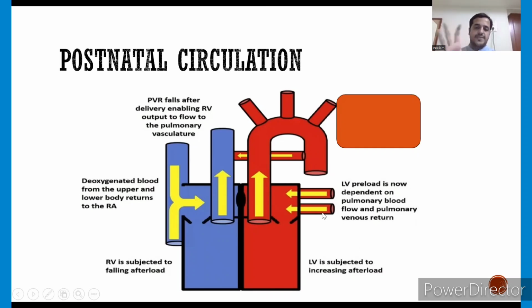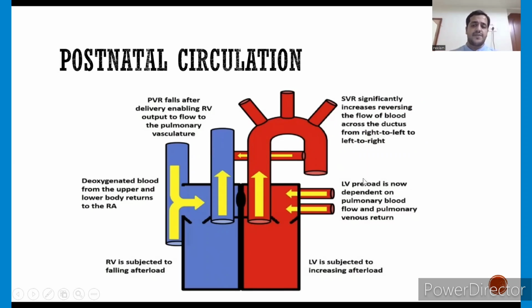Placenta has very large diameter blood vessels, so it is very easy for the blood to flow through them. Now that placenta is gone, we are faced with supplying blood to the arterioles, which are a high resistance circuit. So the LV is subjected to high afterload.